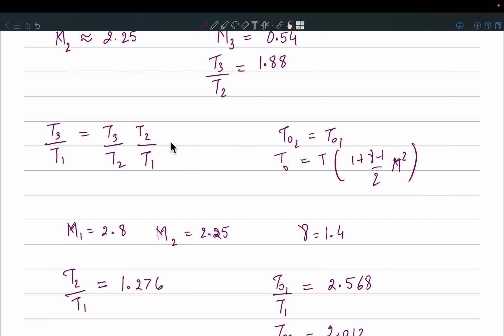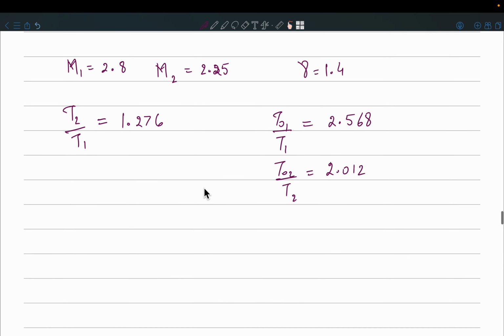Yes. Okay, so let me write it fresh. Yeah, so T3 divided by T1, you are getting as 2.4. That is fine. That is correct.